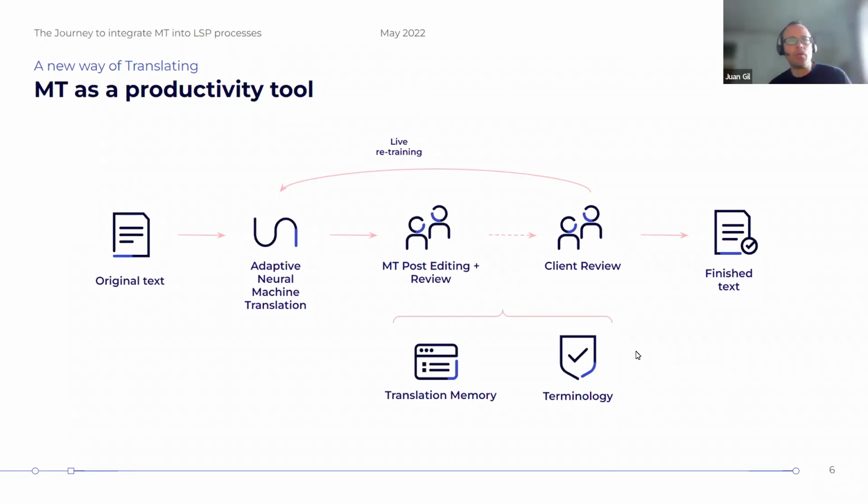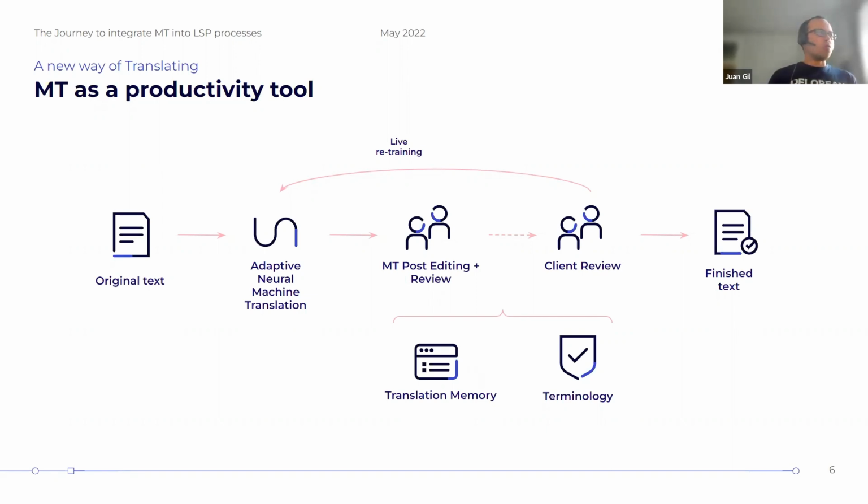Yes, it's important that we have our own CAT tool because we have built the CAT tool around all this. Our translators will have the right access to terminologies, translation memories, fuzzies and everything on top of the MT coming from the MT engines. Also, what you see here is our default position, but we obviously have lighter options, as was mentioned before, post-editing with a single post-editor and no review.